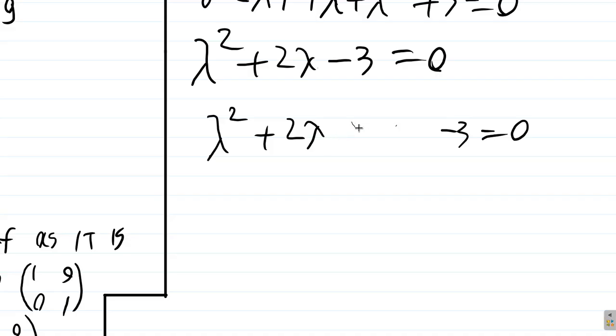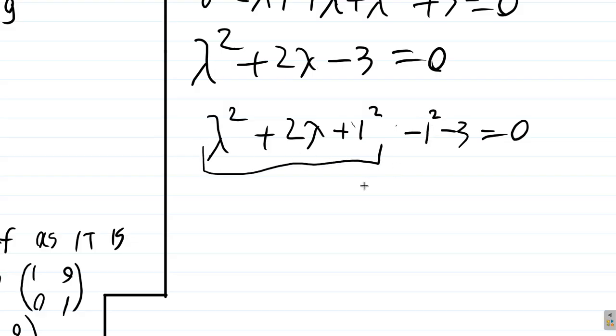You remember what you add to it? You add half the coefficient. The coefficient of lambda is the number that multiplies lambda, which is 2. Half of 2 is 1, so you add 1 squared. Now you add 1 squared to the thing, you need to compensate by subtracting 1 squared.